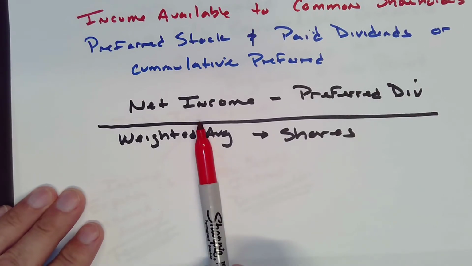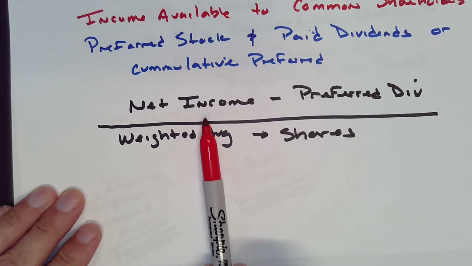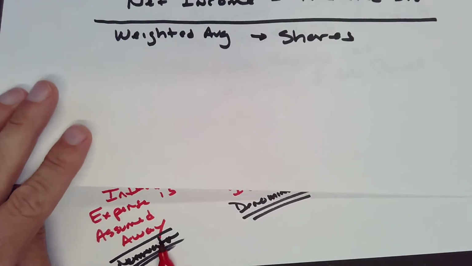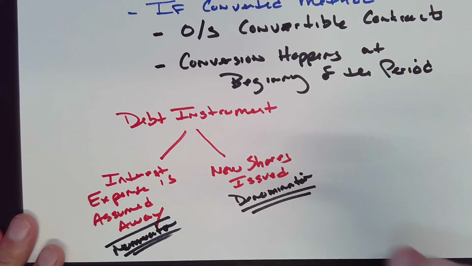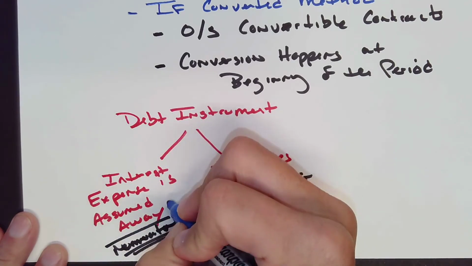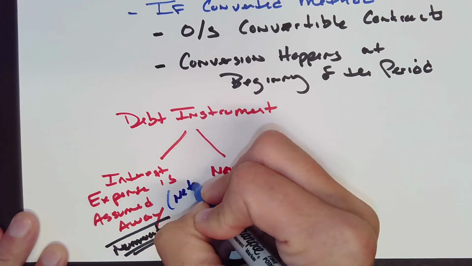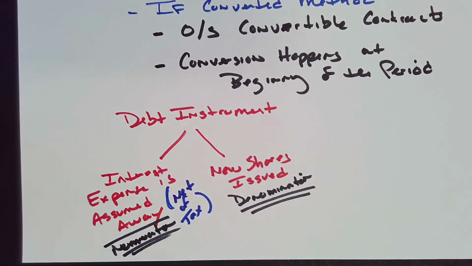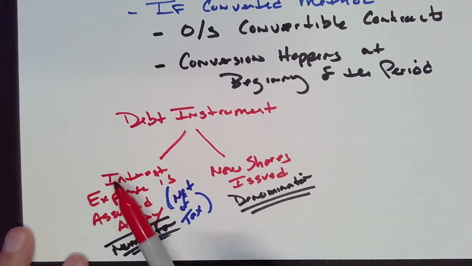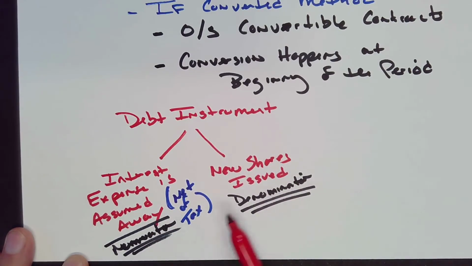And net income changes not only by the amount of interest expense, but it's also net of tax. That's how much net income changes. So we have a denominator effect and a numerator effect, and we're going to take a look at this.